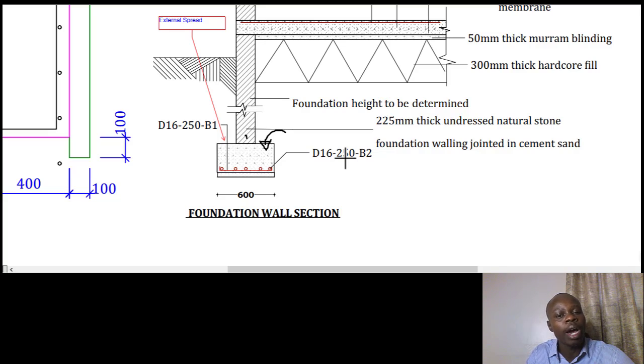Therefore we are required that we find the length and then we get a width for the same. For us to get the width is equivalent to what you have in your thickness of your footing, and of course the length we are going to use the center line and then we multiply by 2. And the reason is, for this case we've already calculated the center line in our previous sessions.